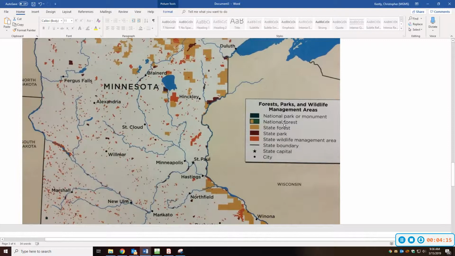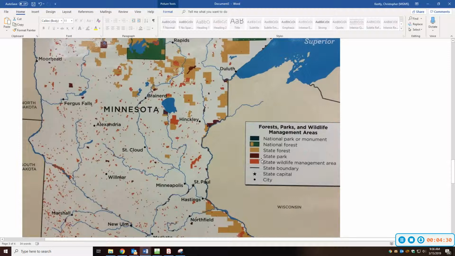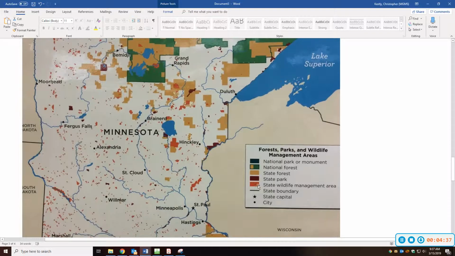And national forests are set aside, again, for similar reasons. Sometimes industry can go in there, but it's designated as a special area to keep forests intact. And there's state forests, and these are forests designated by the state to be protected. There's state parks, places, again, where you can go for enjoyment. State wildlife management area, and those are special areas for particular animals and some plants that need to be protected, and so they watch carefully over them.